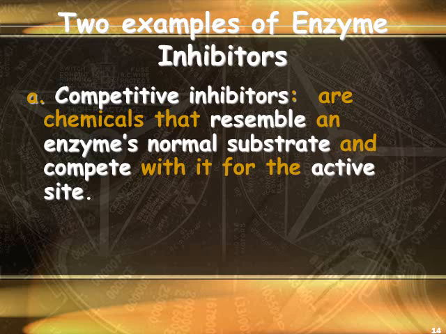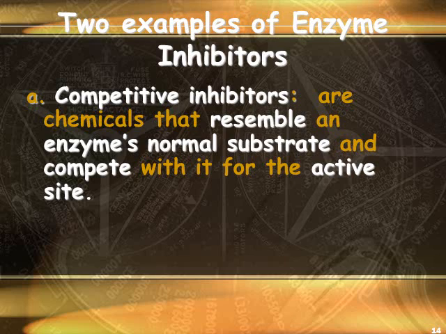So there are two types of inhibitors. They can be a competitive inhibitor, which will often look very much like or be very similar to the shape of the normal substrate that should fit into that active site. And I'm sure you can figure out what's happening there. So if it's a competitive inhibitor, it will occupy the substrate's normal active site so that the substrates can't get in there.